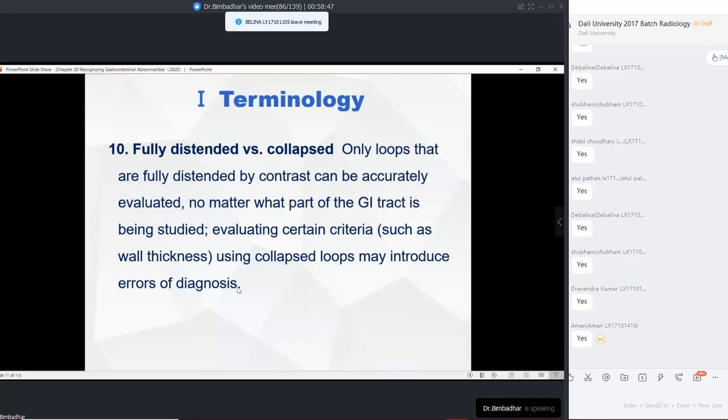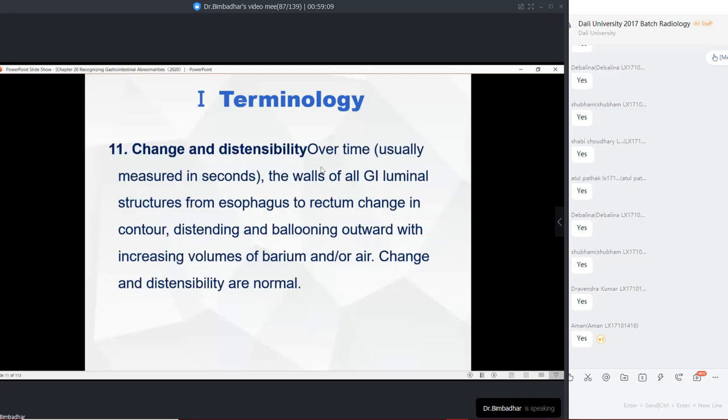It's the same theory we applied in respiration. So we have to take the wall thickness into consideration when analyzing whether it is a fully distended bowel loop or a collapsed loop, because there is a possibility of diagnostic error.